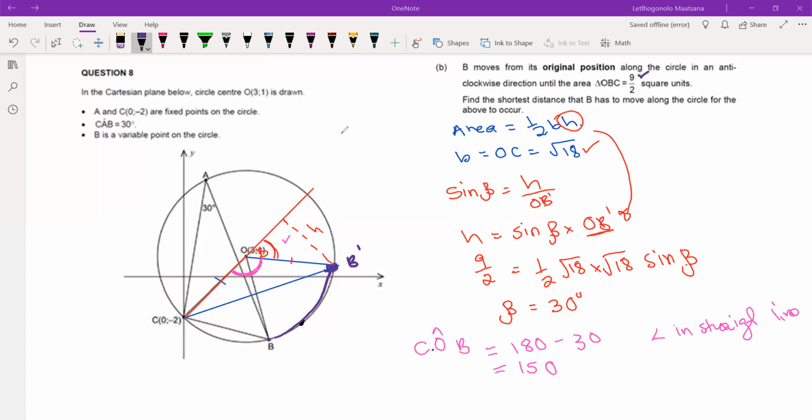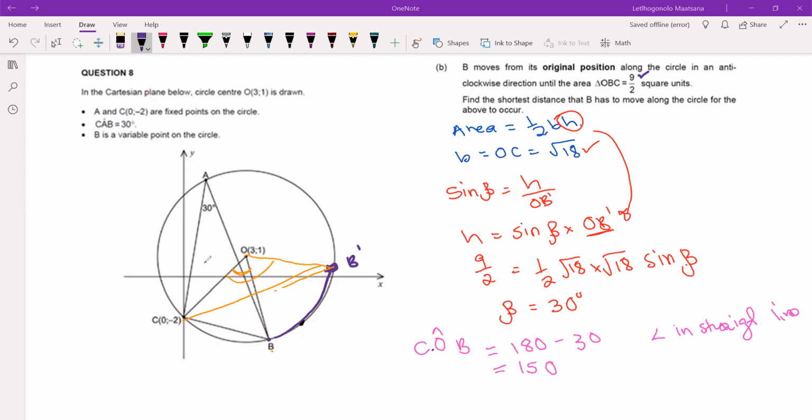Now, with that in mind, let's just remove everything to clearly understand. Previously, that angle over there was 60, and now it has changed from being 60 to being all the way to 150.